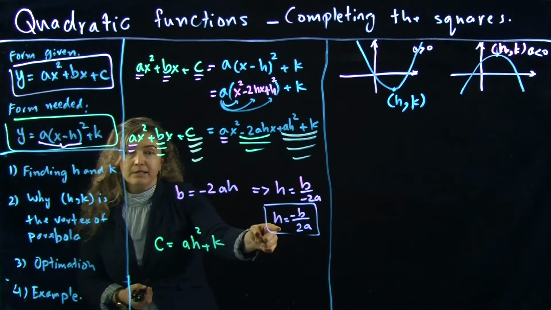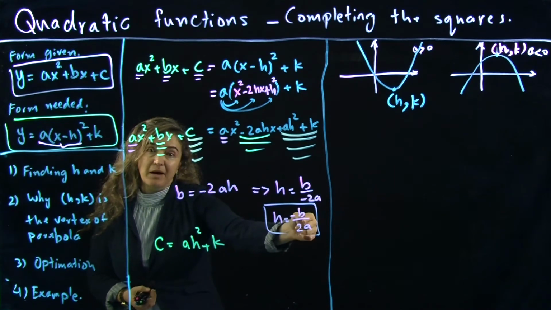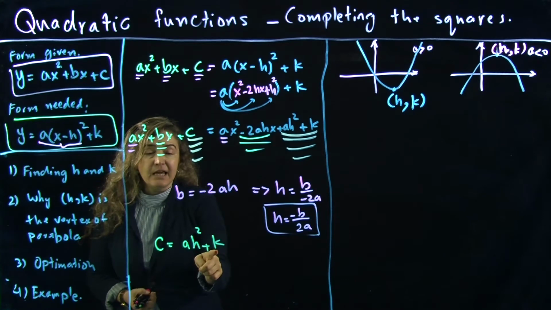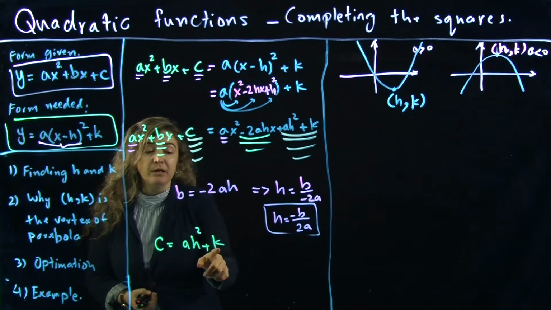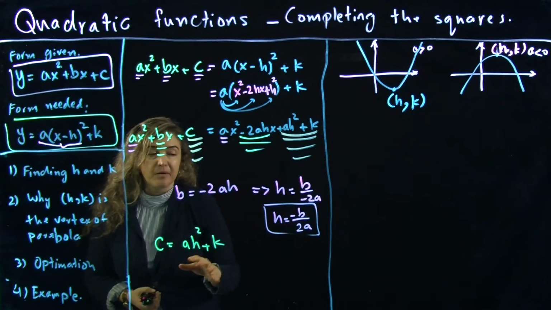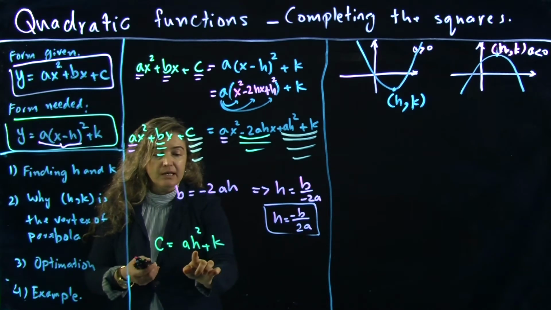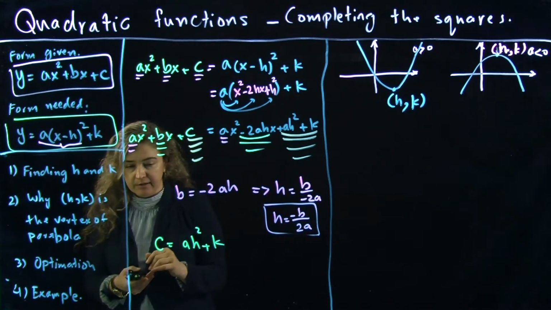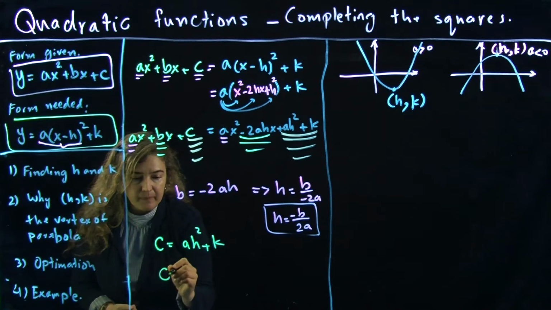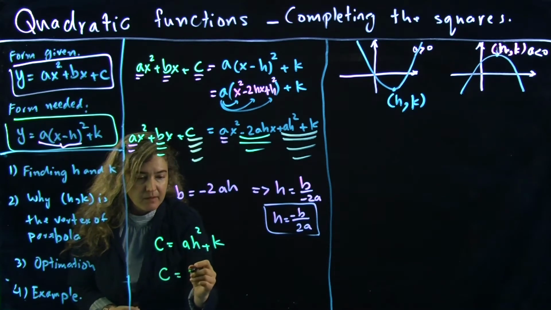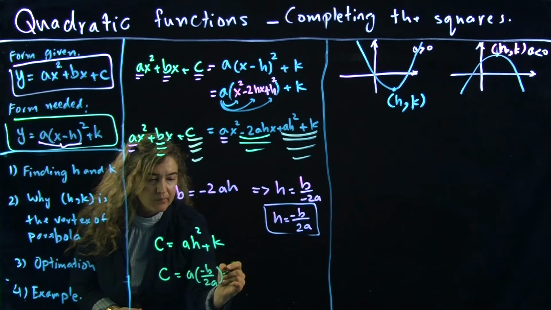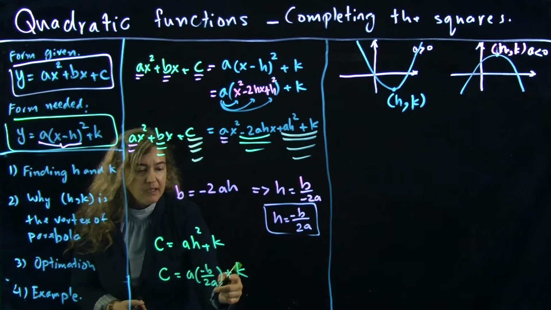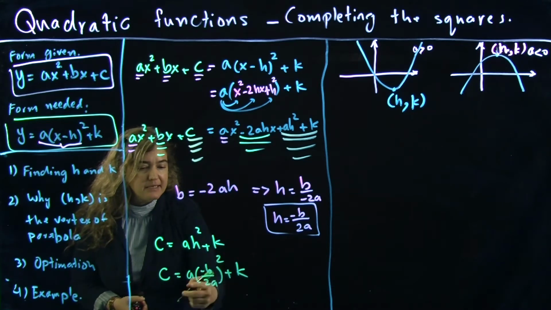And h I already solved for in terms of the parameters that I have. K is the one that is not solved for in terms of those parameters. Let's plug h back in here and then solve.